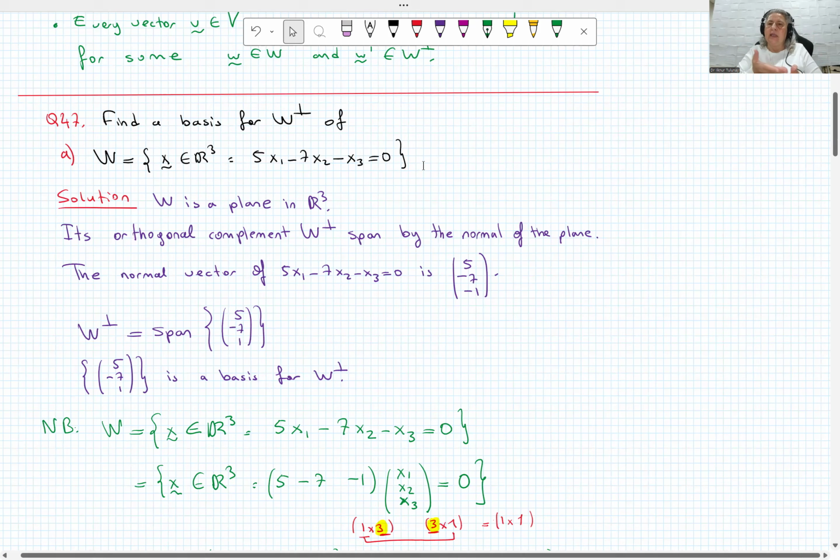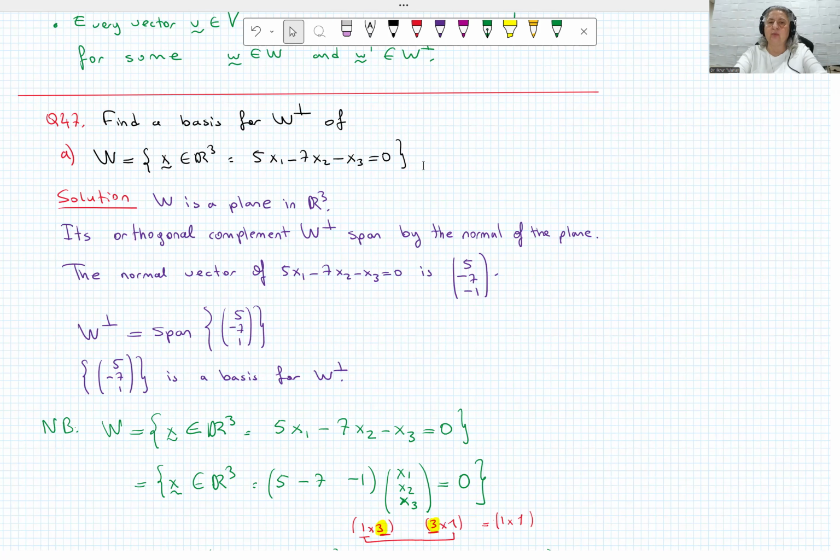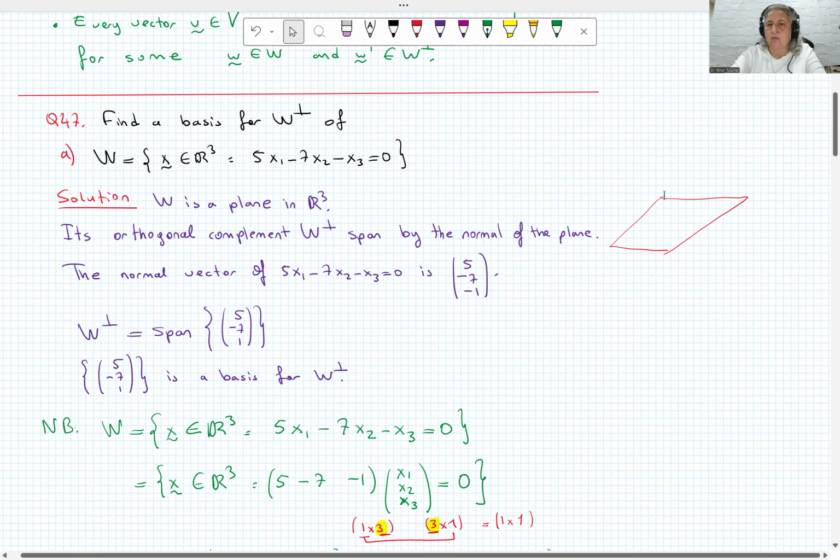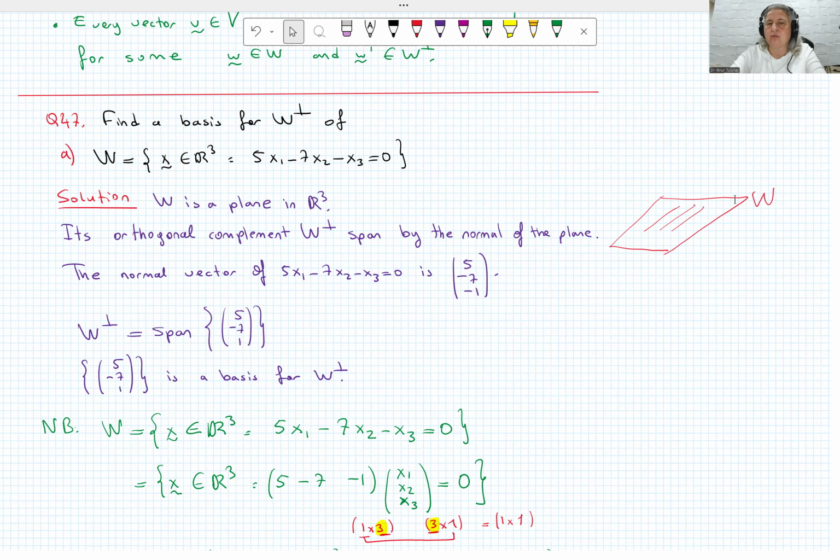If you have a plane, then all the normals give you the orthogonal. So that's the structure that you're having. So this is your W, and your W complement will be everything else.